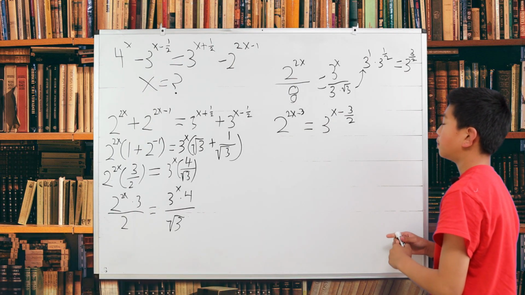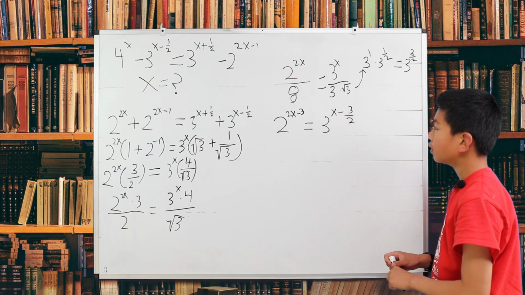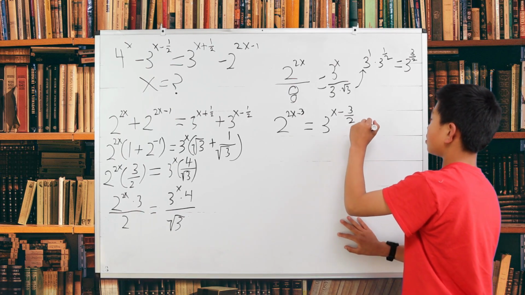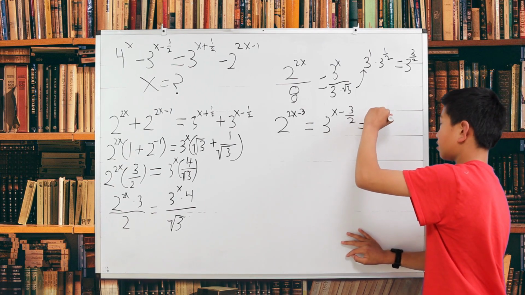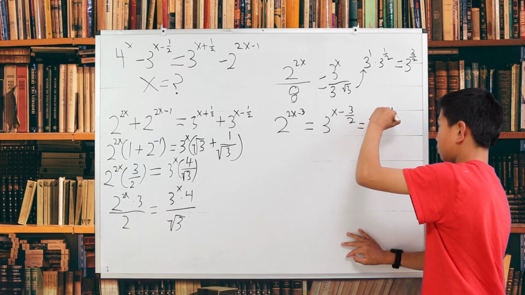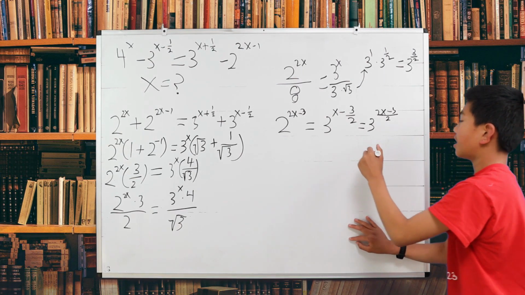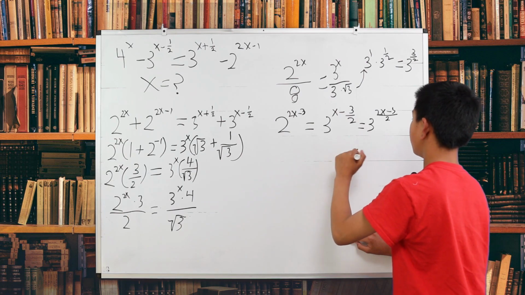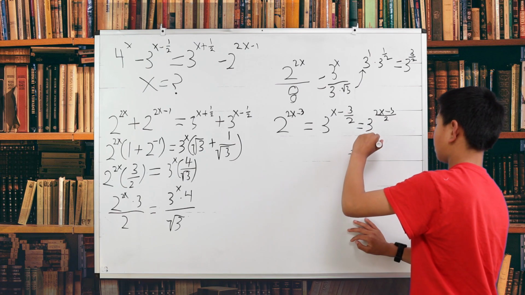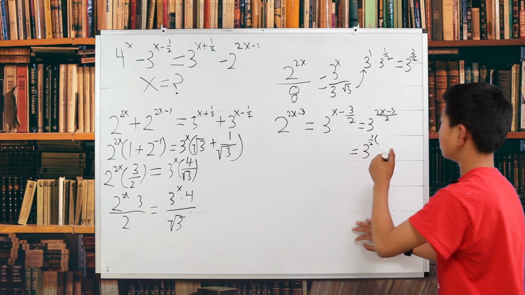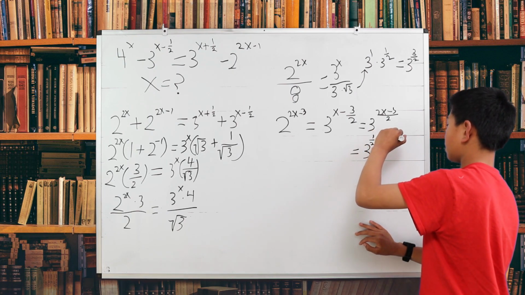If we're going to divide both sides, we have to make this power equal to that. So one strategy is to make this equal to 3 to the power of 2x minus 3 over 2. There. Now we can take out the factor of 1/2. So it's now 3 to the power of 1/2 times 2x minus 3.